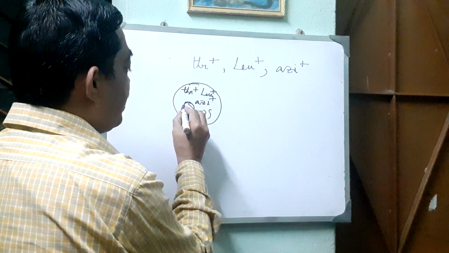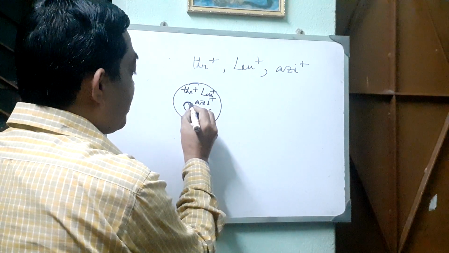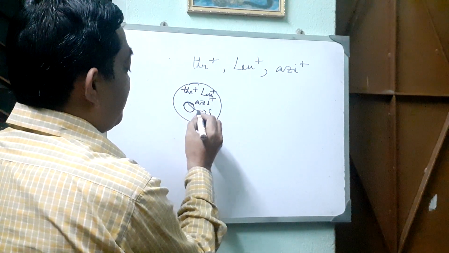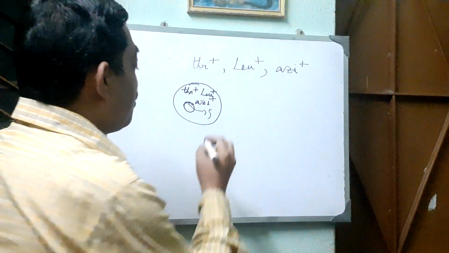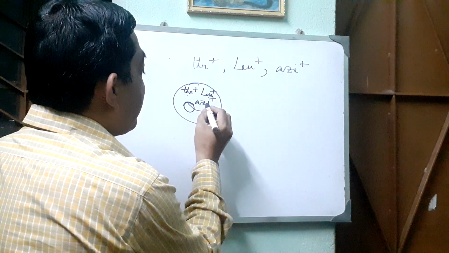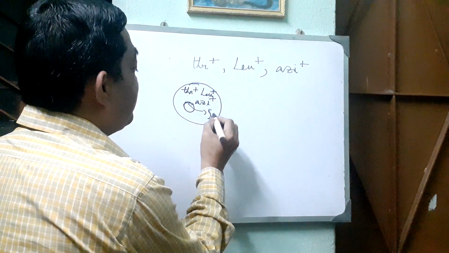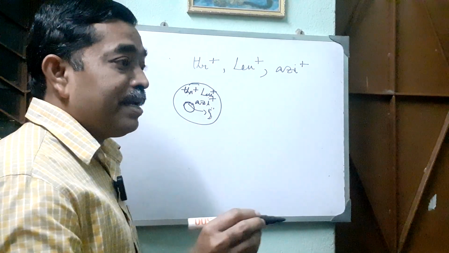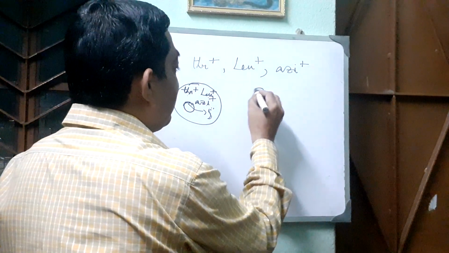It will take the adjacent portion of the bacterial gene along with it. So they may take the threonine, leucine and azide genes with the bacteriophage gene, and they will again infect another bacterial E. coli cell.